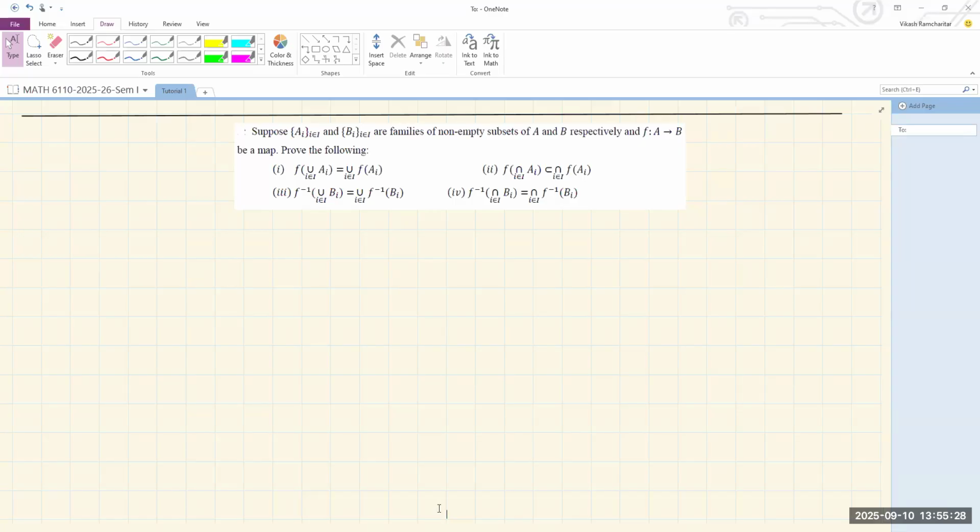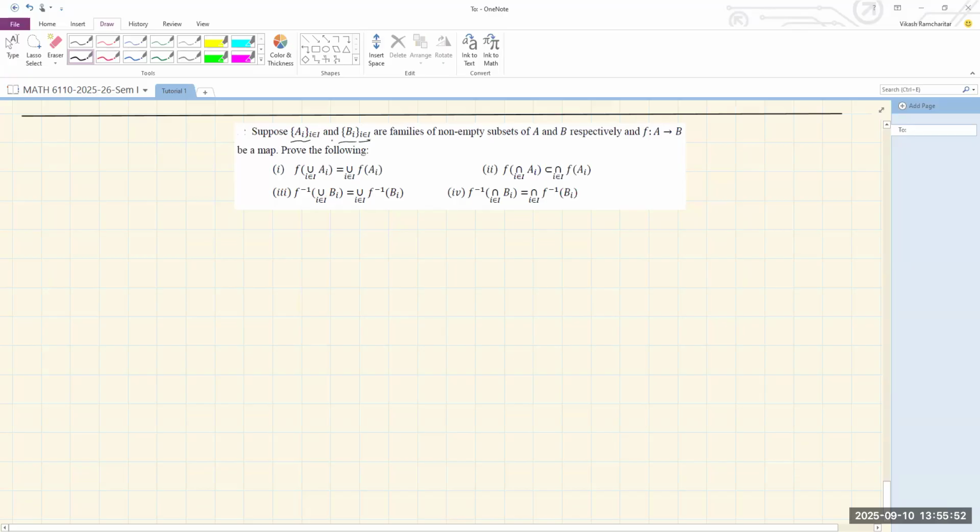Okay, so in this next question, we're going to look at how functions behave when we apply them to the union or the intersection of families of sets and how their pre-images behave. So suppose that we have two non-empty families of sets, A_i's and B_i's.